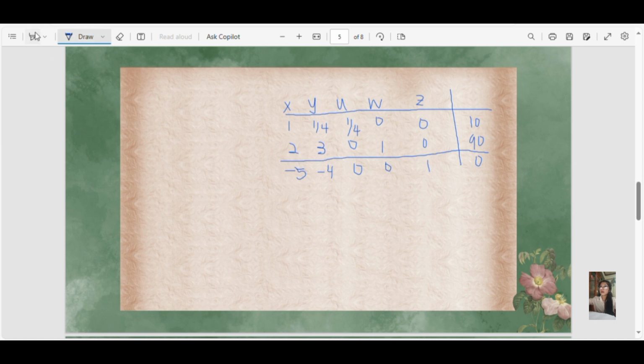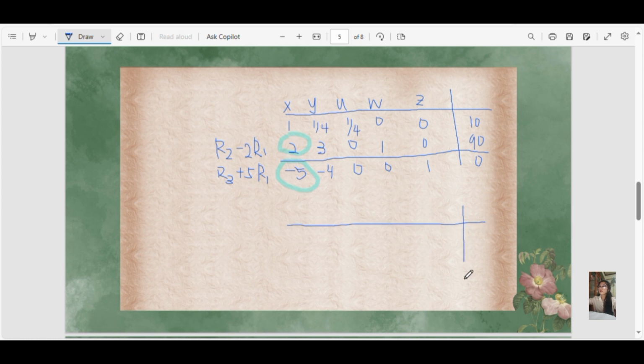We're going to make this 2 equal to 0 because we have the 1 already. We use row 2 with the minus sign, 2 and R1. And also to make this -5 equal to 0, we use row 3 with the positive sign, 5 and R1.